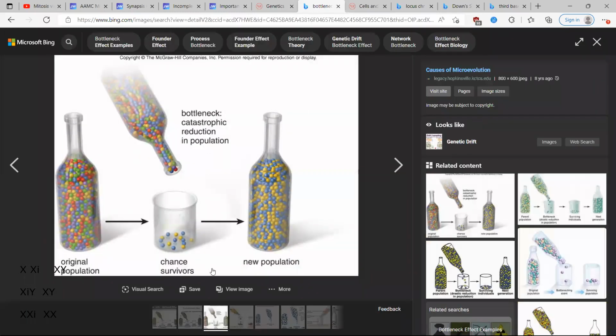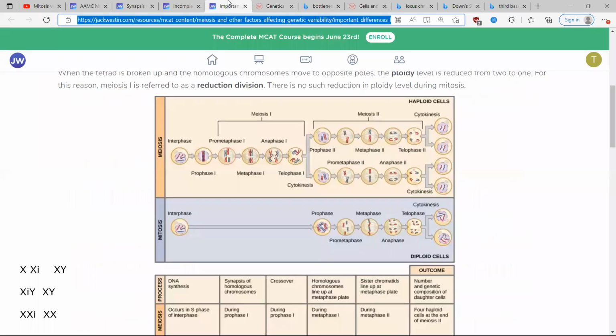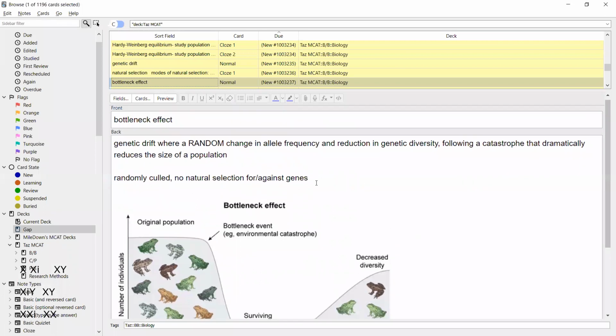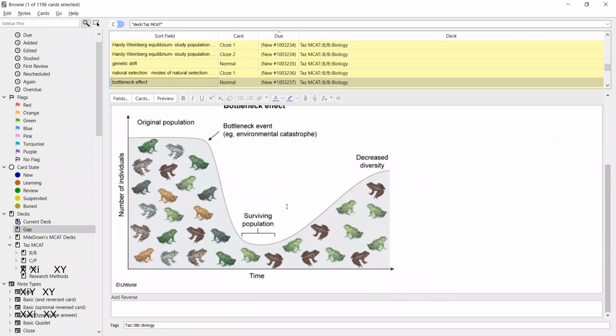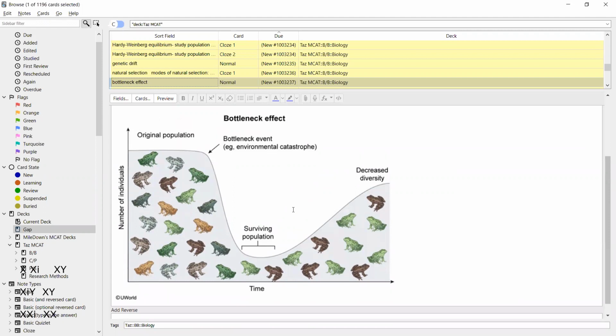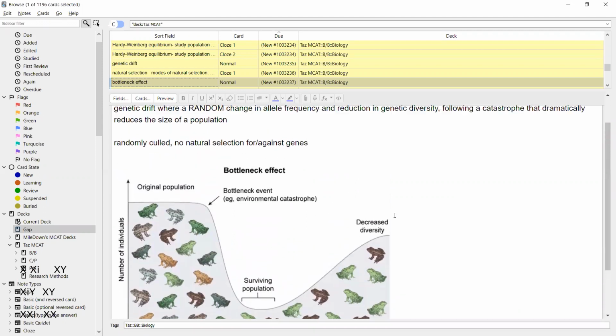So basically, you have a bottle full of all different types, but when you only take a couple of them out of the bottle and that bottle fills up, then it won't reflect the diversity that was originally there, because only a few can survive through whatever the effect was. So it was a random culling and there was no natural selection for genes. It wasn't related to genes at all. It was just a destruction of most of the population, leading to decreased diversity.